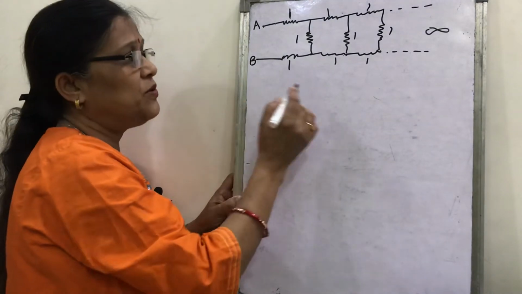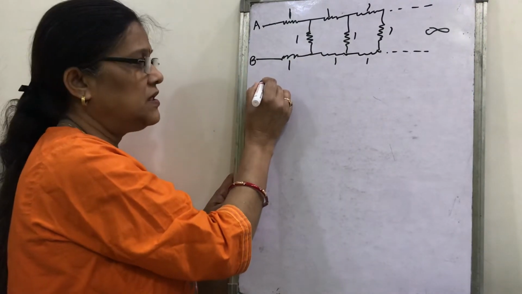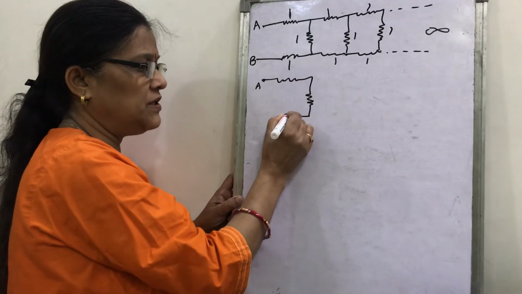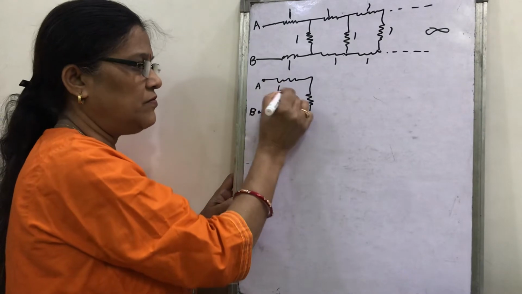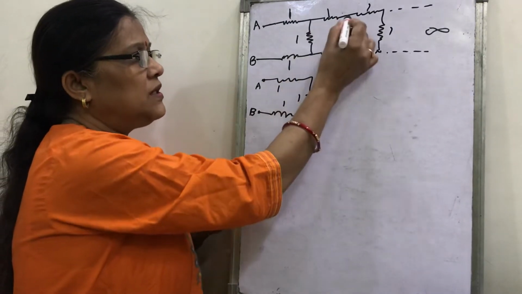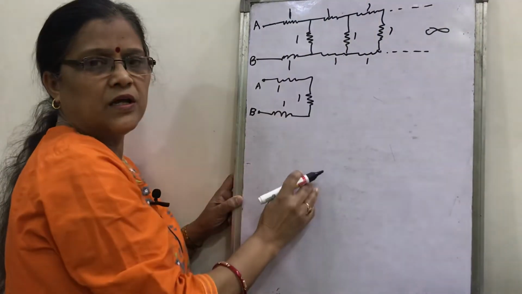You will suppose that except one block, that is, this is point A, this is the first block you have drawn here, and this is point B, and all the resistances are 1, 1, 1. Except this block, all these identical blocks, 1, 1, 1, 1, 1, 1, so many.